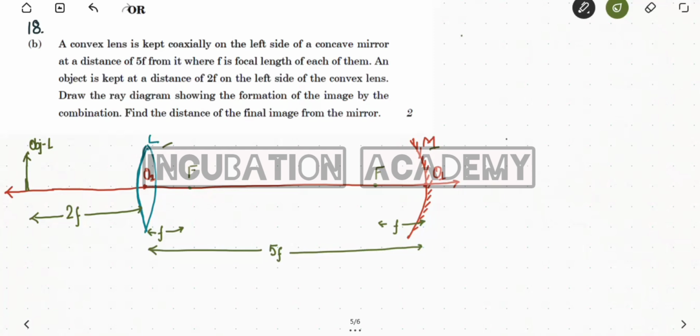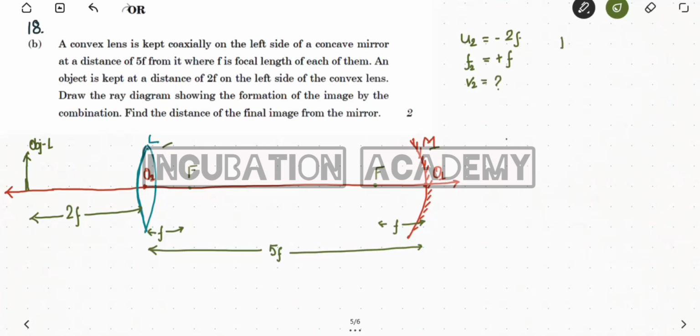Let us take this as u2, the object distance for the lens, and it is minus 2f. The focal length of the lens, f2, is plus f, because the focal length of a convex lens is always positive. Now if we want to find v2, where the image will be obtained, that is the big question mark.